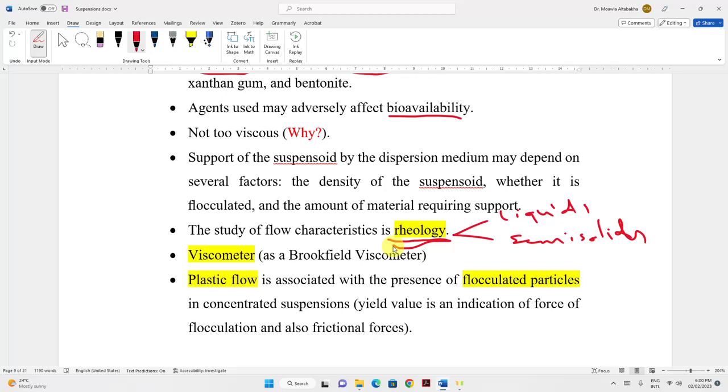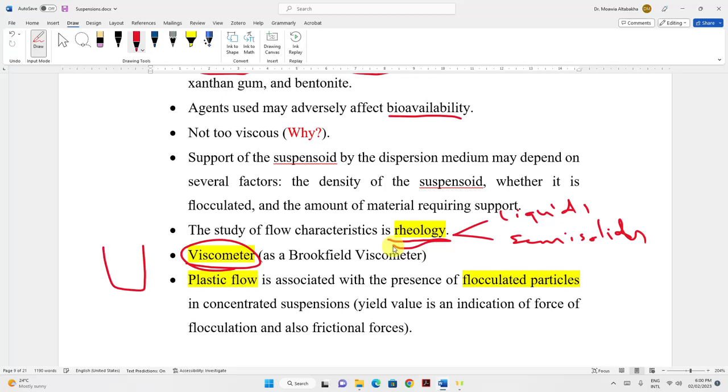طيب, في rheology, or the study of flow, for suspension we use what we call a viscometer. Maybe you have taken this, but it's a device that allows you to measure the stress.